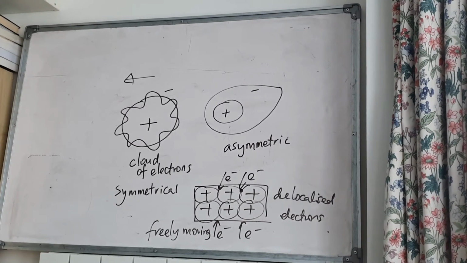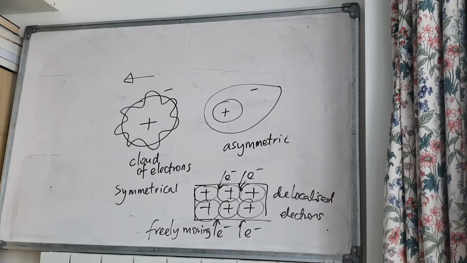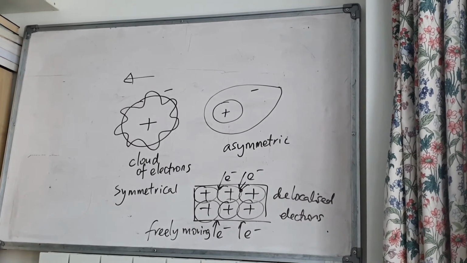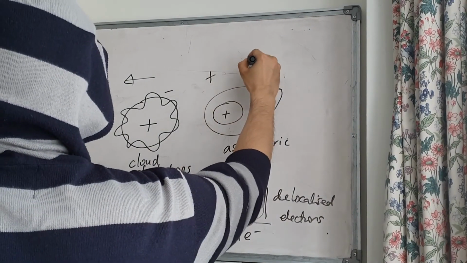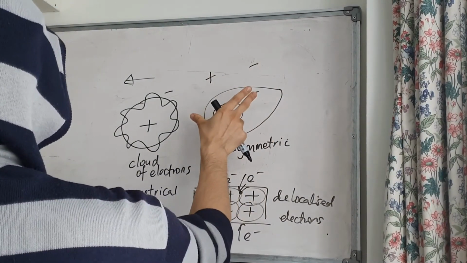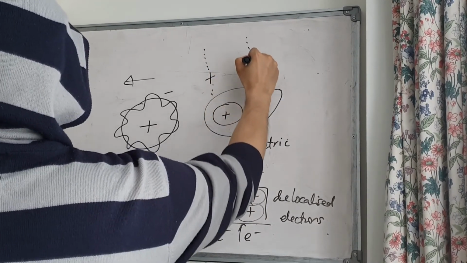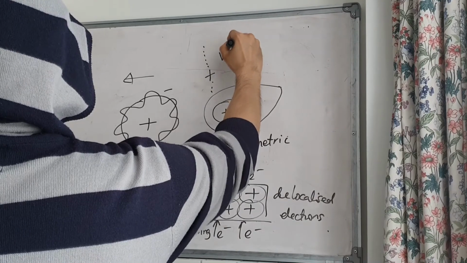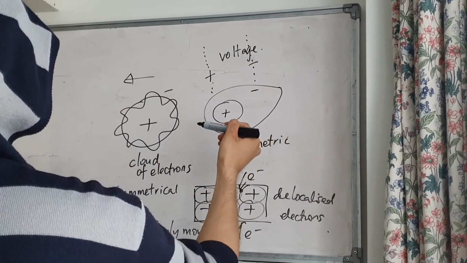Alright, so what happens when you have an asymmetric distribution of charge? If you look at the top diagram, here you've got a positive charge, and here you have a negative charge. Because the charges are separated, you're going to end up with a voltage, or you can say there's an electric field.